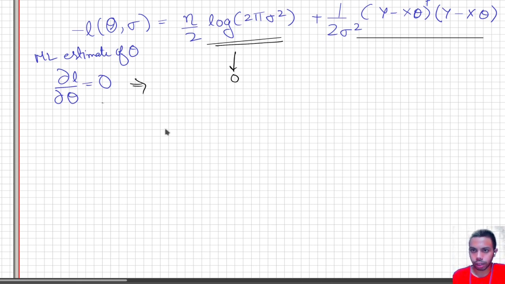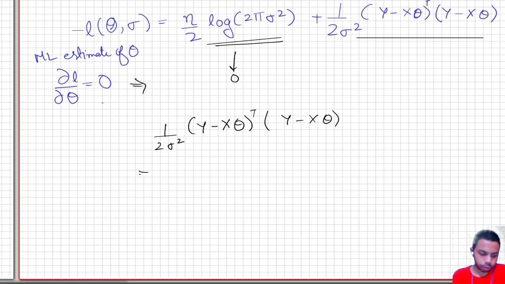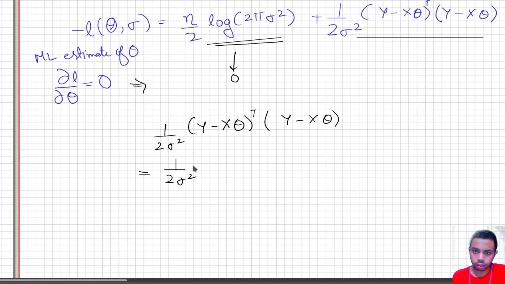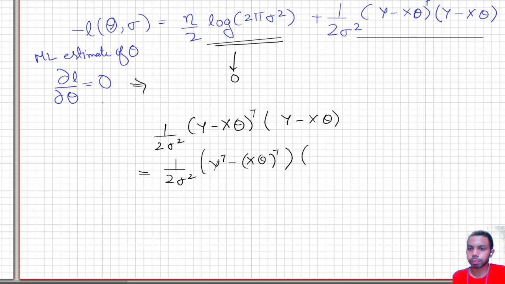Let me take this term, 1 by 2 sigma square (y minus x theta) transpose into (y minus x theta). Once I expand that, this would be equal to 1 by 2 sigma square times (y transpose minus (x theta) whole transpose) into (y minus x theta).